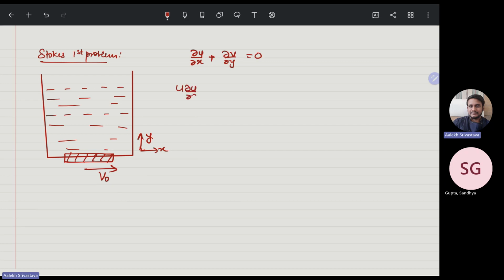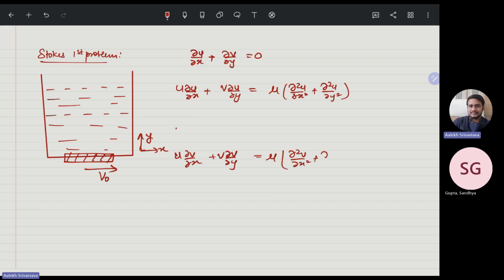The x momentum is u del u by del x plus v del u by del y is equal to mu times del 2 u by del x square plus del 2 u by del y square. The third equation is u del v by del x plus v del v by del y is equal to mu times del 2 v by del x square plus del 2 v by del y square.